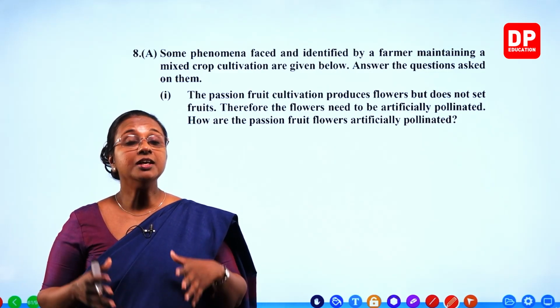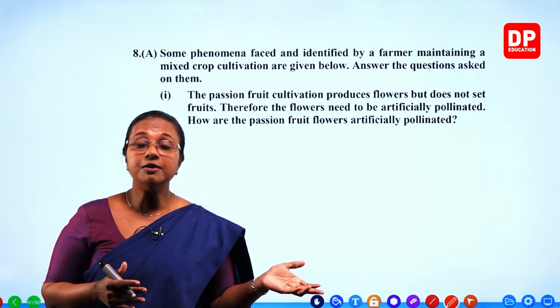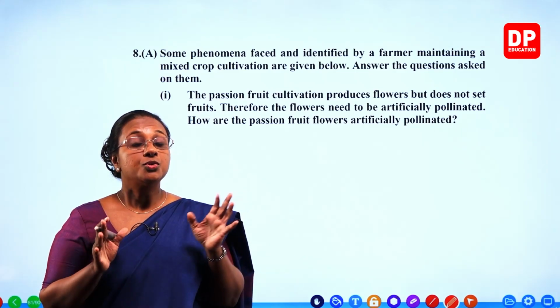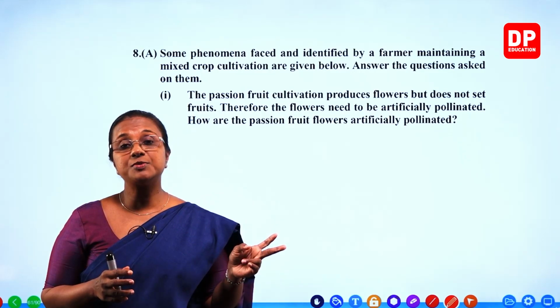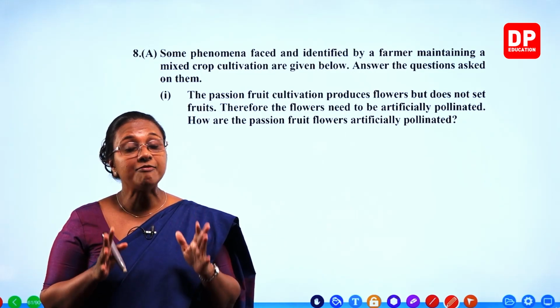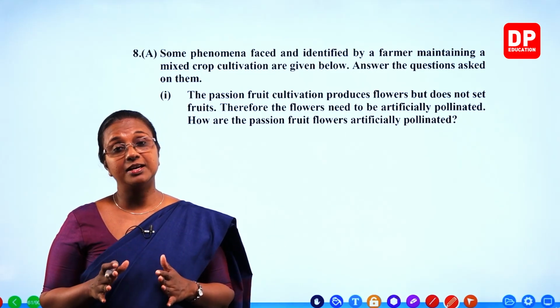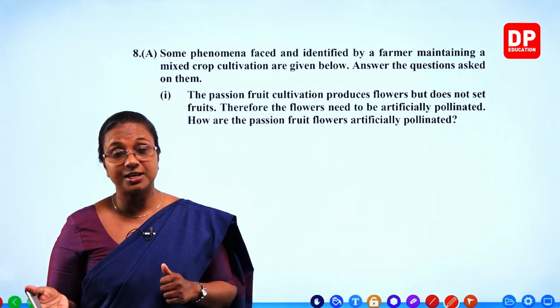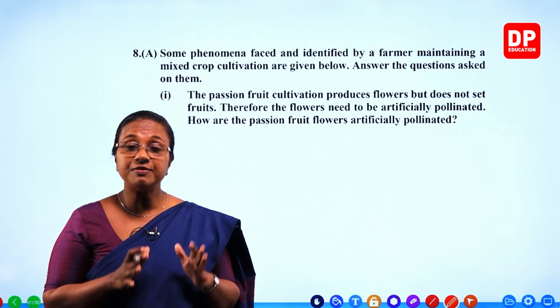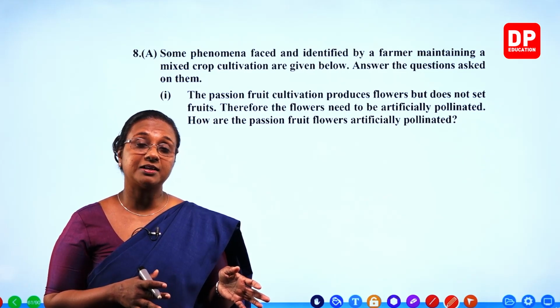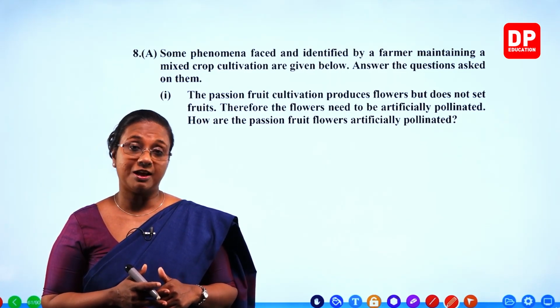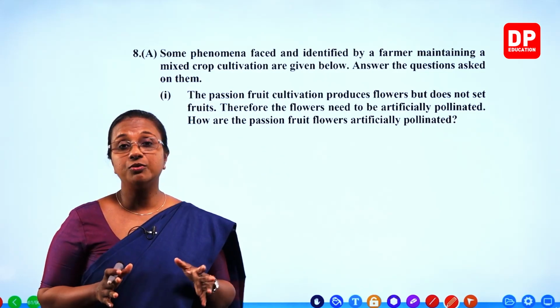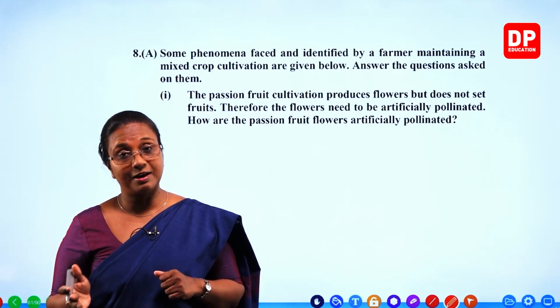Thereafter, the ovary will become the fruit. For this to happen, you all know, students, there are two types of flowers. If they have both the androecium and the gynoecium, we call them bisexual flowers. Whereas if there is only either the female or the male reproductive structure, they are unisexual flowers.